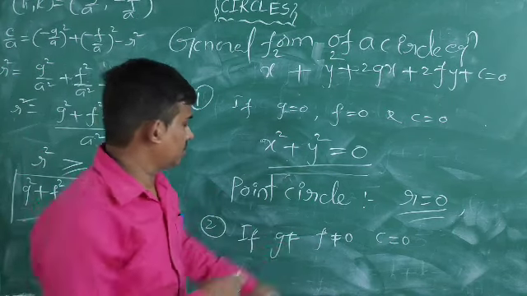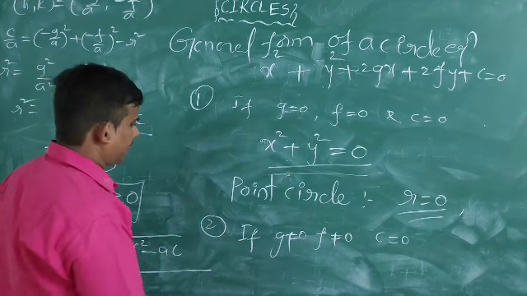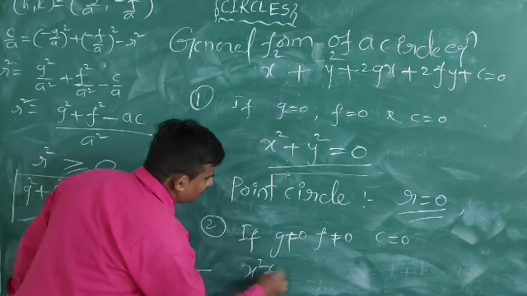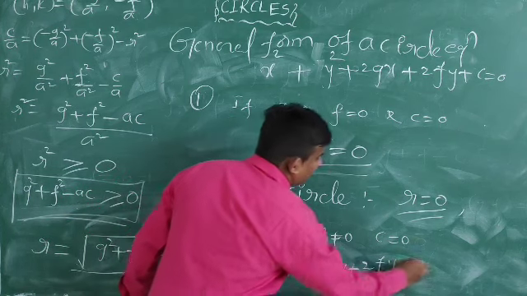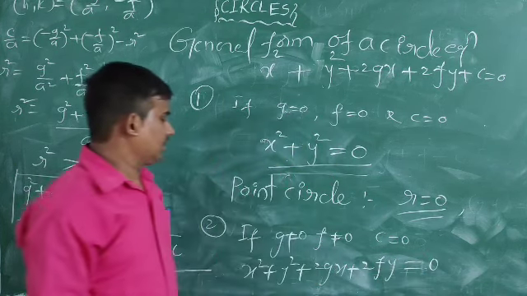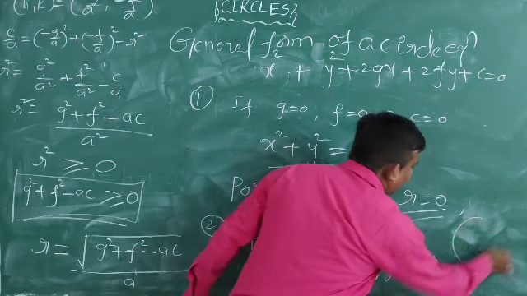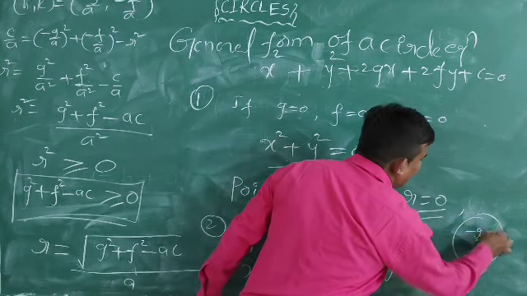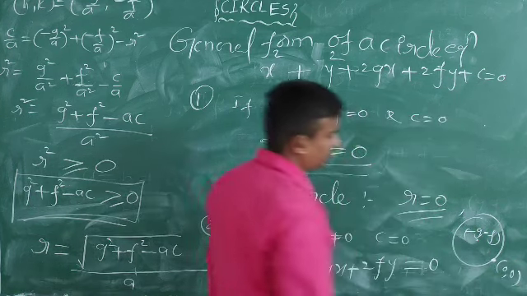So it is a circle with center (minus g, minus f) and passing through the origin.